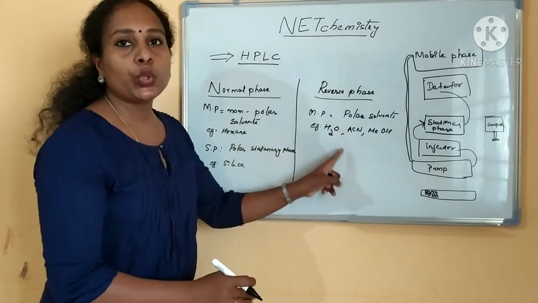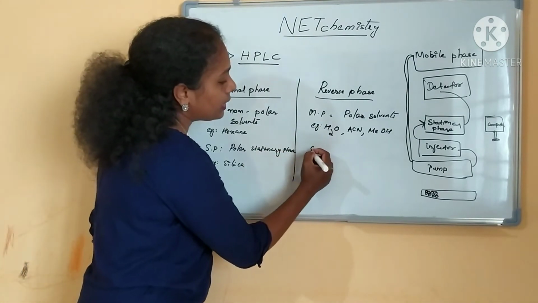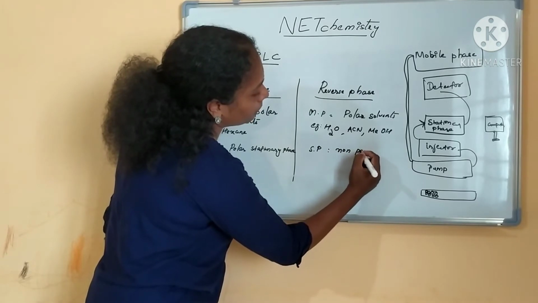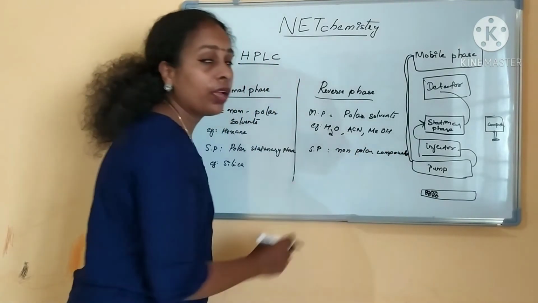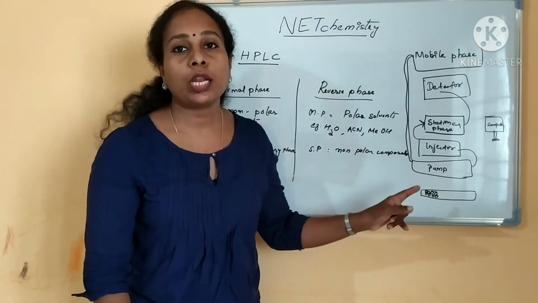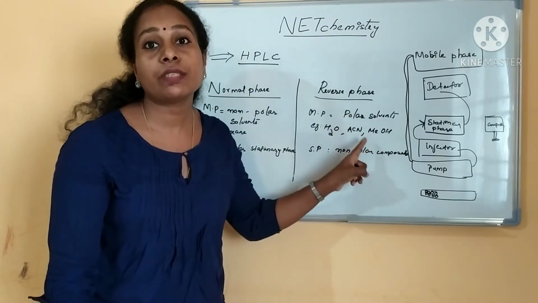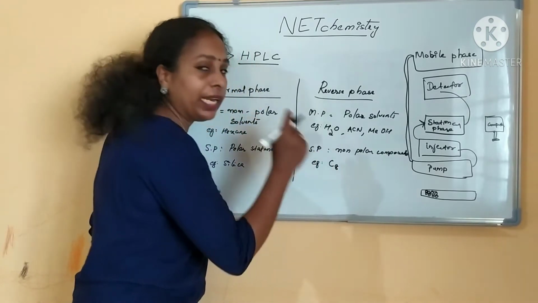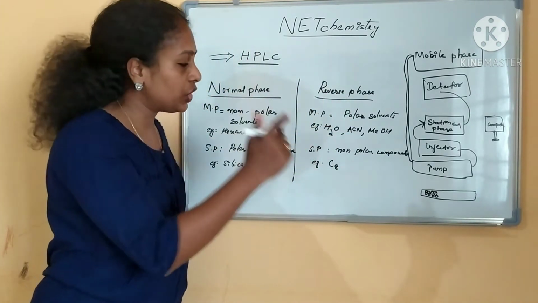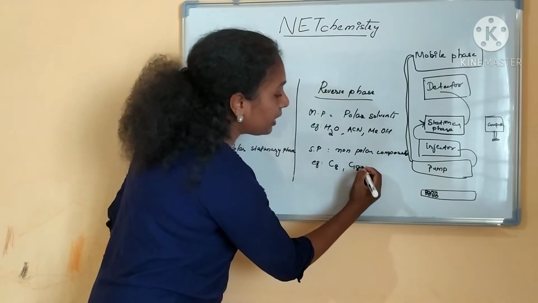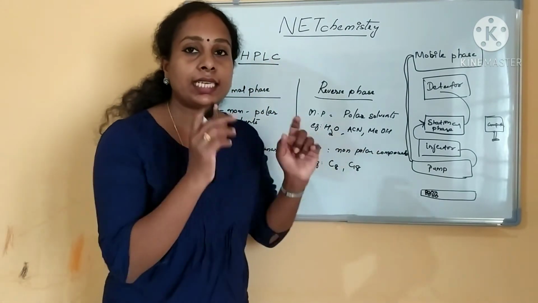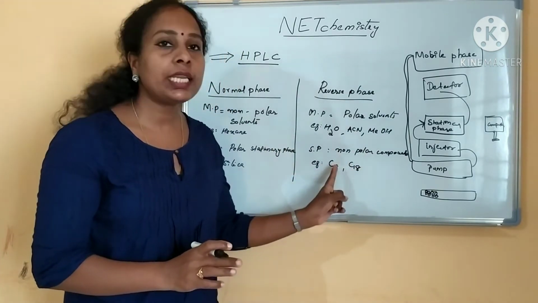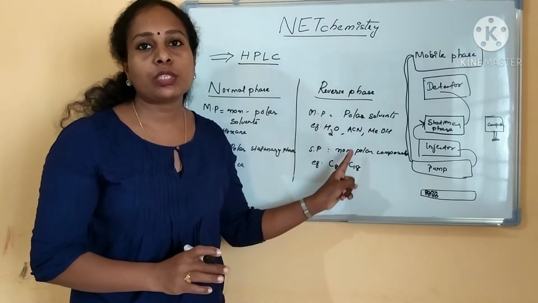But coming to reverse phase chromatography, the stationary phase used is non-polar compounds. The column is packed with non-polar compounds, for example C8 columns, carbon 8 alkane chains, or C18 columns. These are all carbon chains, non-polar compounds used as stationary phase in reverse phase chromatography.